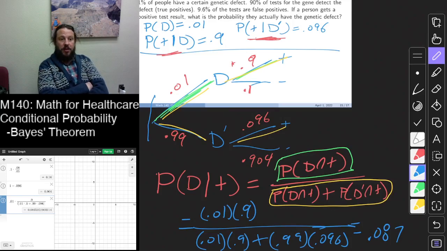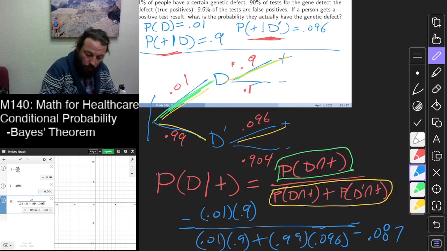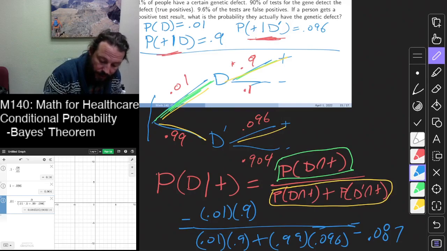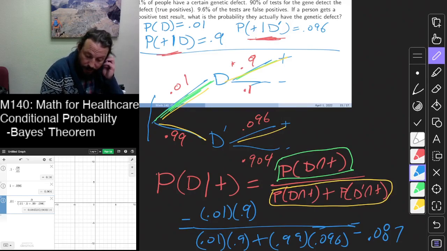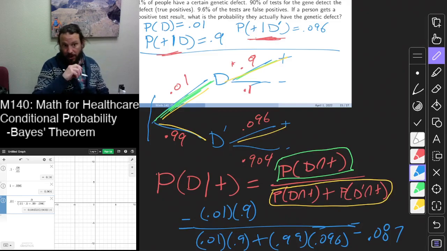And if it really is bothering you, if it doesn't seem to make sense, think about it as, okay, I have 100 people. That means that if I had 100 people, one of them would go to D. One of them would walk the green path to D, and then let's say it's 0.9 of that, so let's just round up and say that one would also test positive.